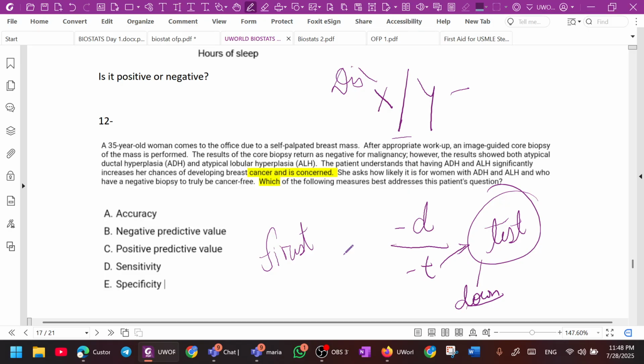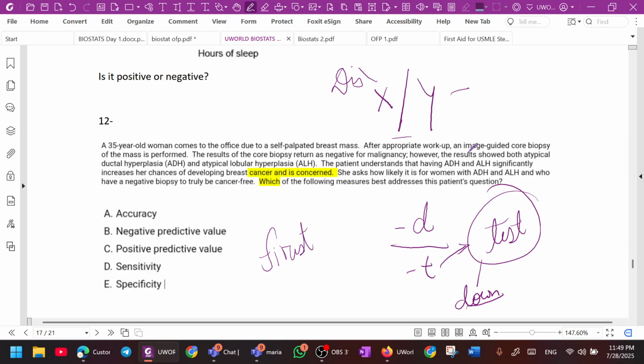So here, what will be the measure that they're asking you on this one? Negative test of a negative disease. Like, we are reading the last line. The last line says the negative biopsy.